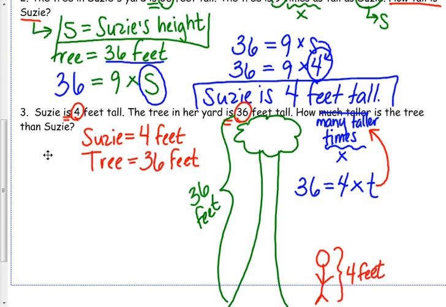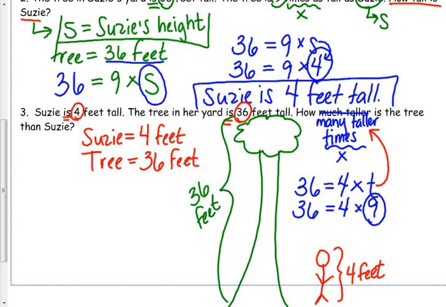So now we ask ourselves, how many times taller is the tree than Susie? So 4 times what equals 36? So I'm thinking 36 equals 4 times 9.